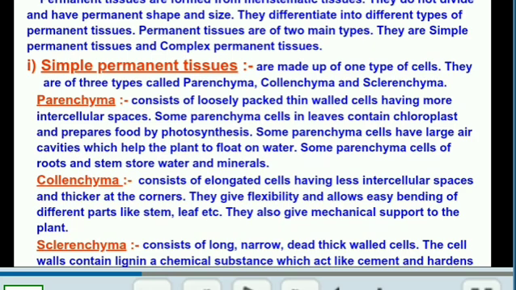Then there are some parenchyma cells present in the root or stem, which are helpful for water and mineral storage. So in parenchyma we have aerenchyma and also chlorenchyma. Chlorenchyma means containing chlorophyll, and aerenchyma means containing air cavities which help them float on water.